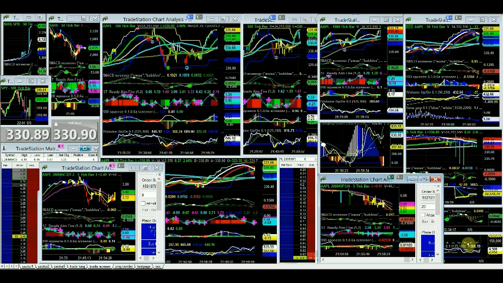Down here is actually a minute or 30-second chart, and this is also the same as here. This is a 100 tick chart that sort of zoomed in on the volume and also the momentum that's not actually displayed here.